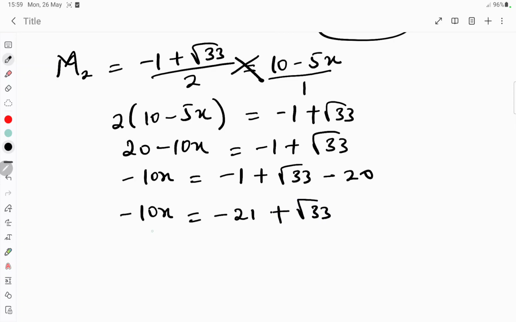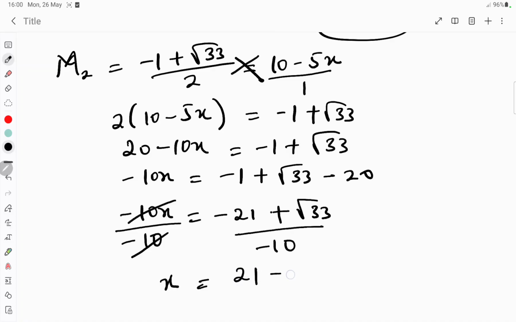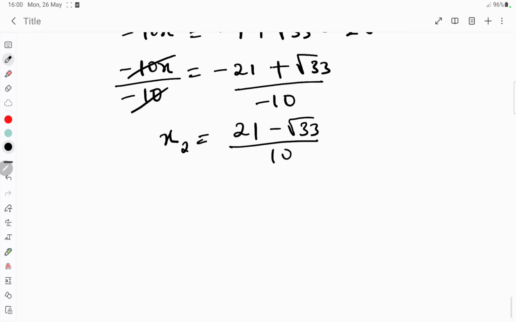Good. On getting this, we divide through by minus 10. x is now equal to, this minus will affect this, 21 minus root 33 over 10. And this is the second value for x.